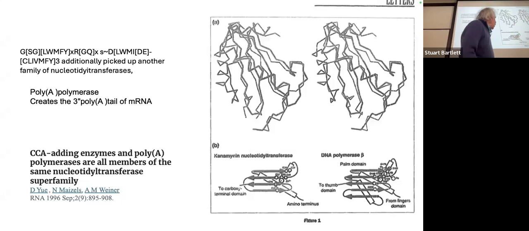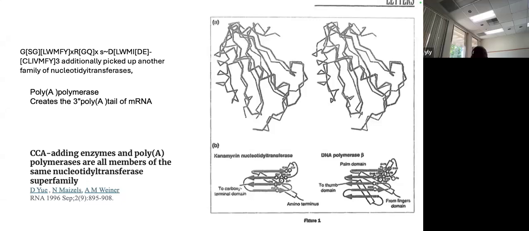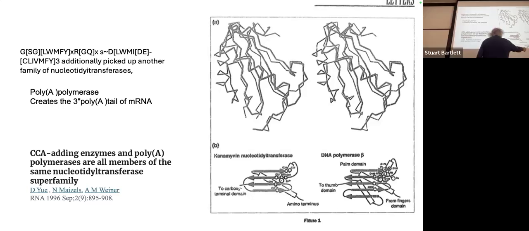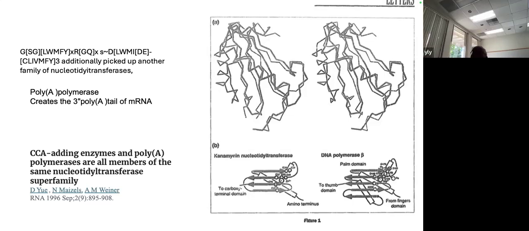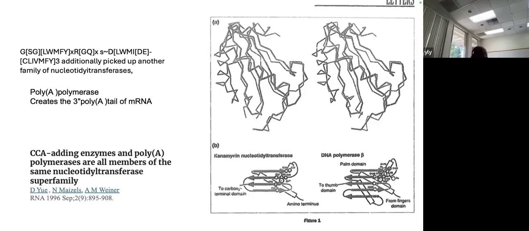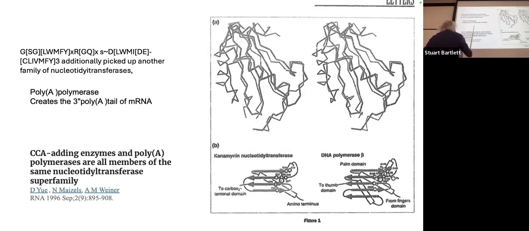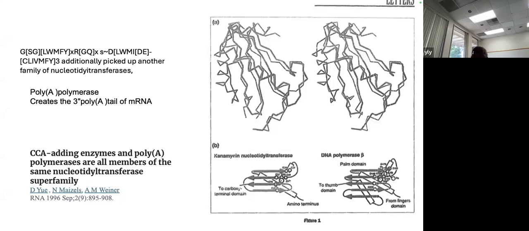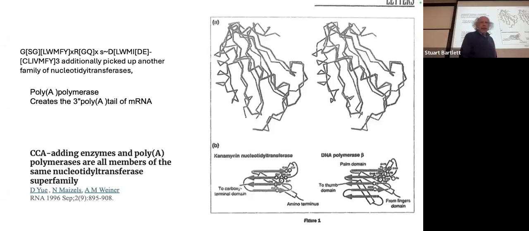And here is the structure of the kanamycin synthase, and this is the structure of the DNA polymerase beta. Now, what these people, Holm and Sander, did is they found a peptide here with this structure in both the kanamycin and also in the DNA polymerase beta.